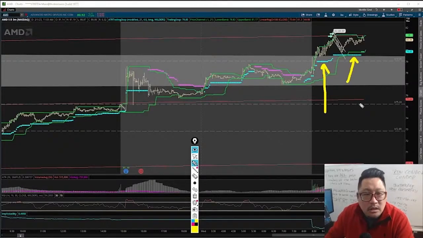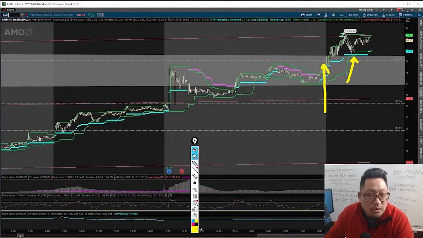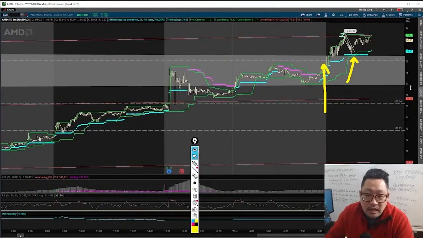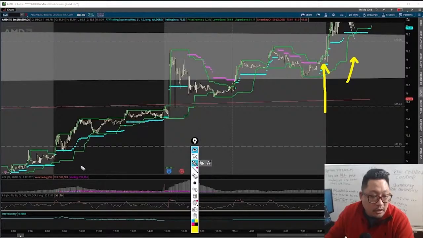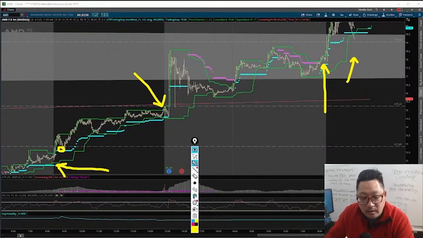And this is a good way of truly knowing when you should get out. This also could help you hold strong. Well, here's a case earlier, pre-earnings, that AMD in pre-market ended up getting that blue stop right there. And if you would have bought it early here, you would have literally held all day long because there was no reason to get out.